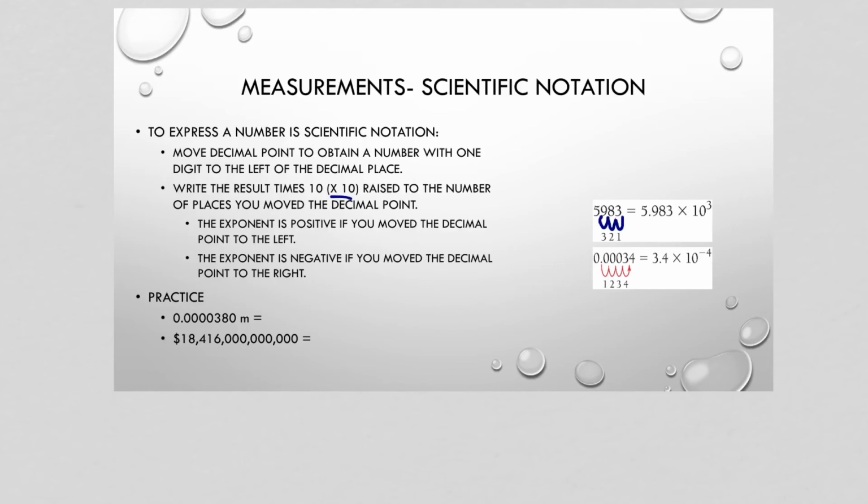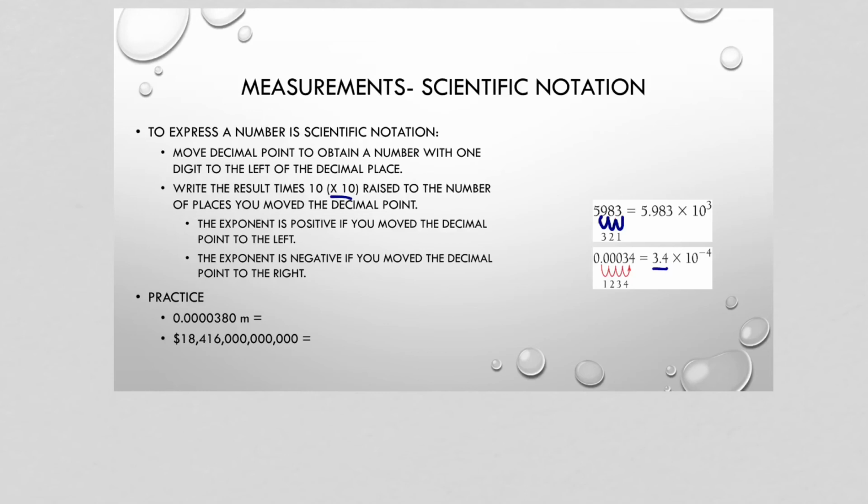If the exponent is negative, you had to move the decimal place to the right to get one digit to the left of the decimal place. For example, if we had the number 0.00034, we had to move the decimal place 4 times, and as a result, our exponent is negative 4.